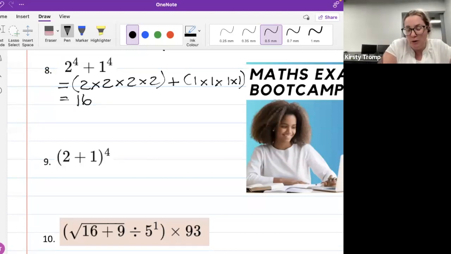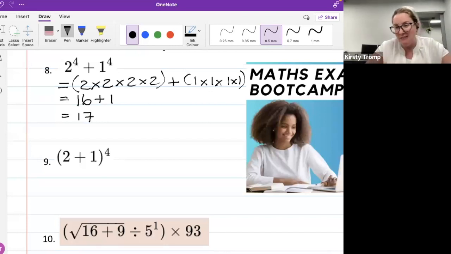So 2 to the power of 4 gives me 16. Plus 1 times 1 is 1, times 1 is 1, times another 1 is 1. So 16 plus 1 is going to give me 17.